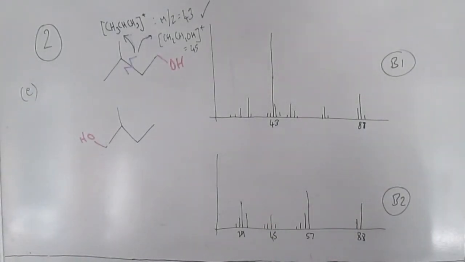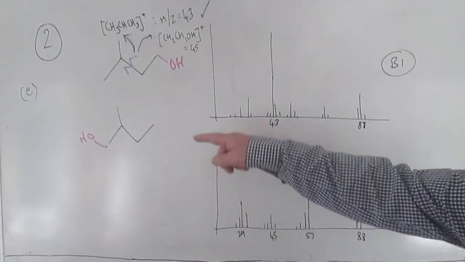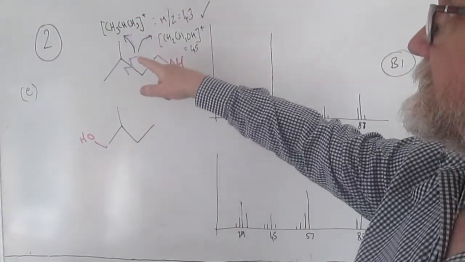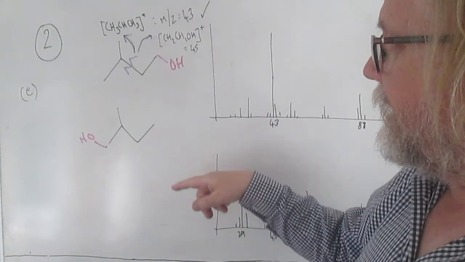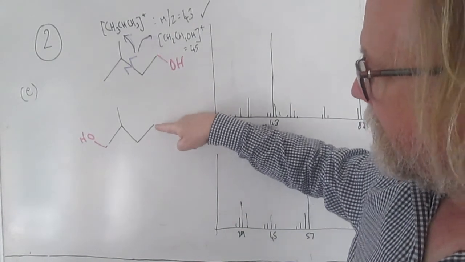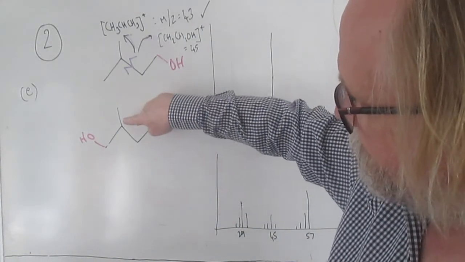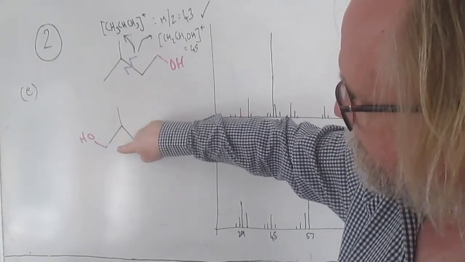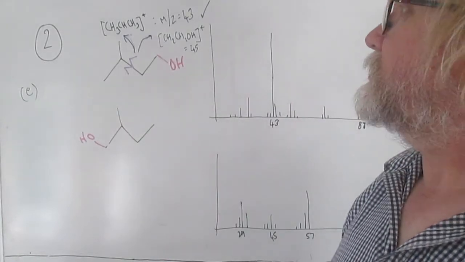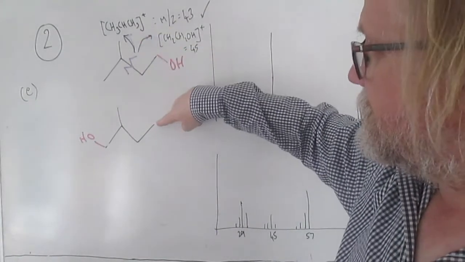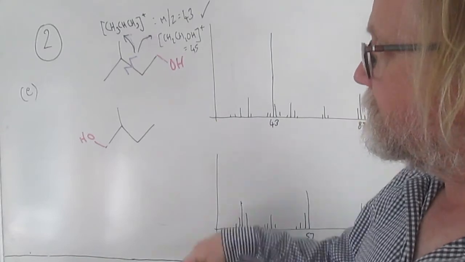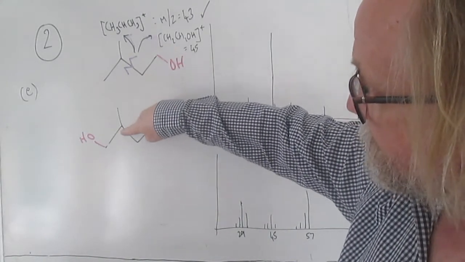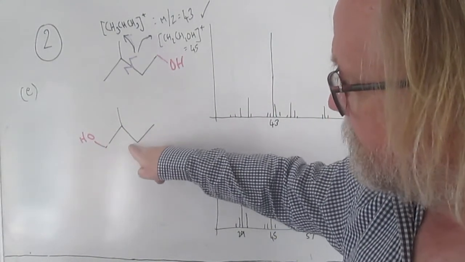So all we really need to do now is to go to this structure and see whether this one can give us 43. So you can see it's C3H7 was the way we got it there, and you can see that you can't do that here because you've got 1, 2, 3 carbons, but in order to separate those 3 from the rest you'd have to break 2 bonds. So there is just no easy way to break off C3H7 from this structure, or if you broke off those 3 there, again you'd have to lose the OH and you'd have to lose that one.